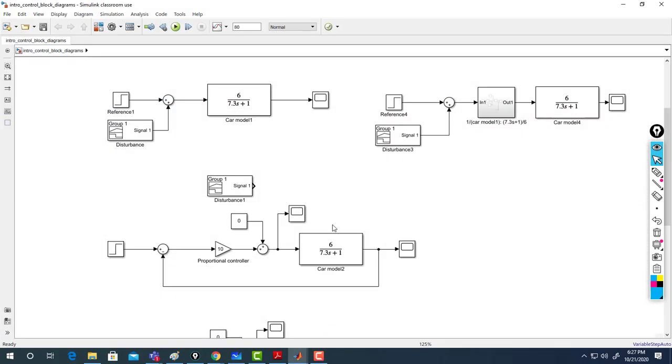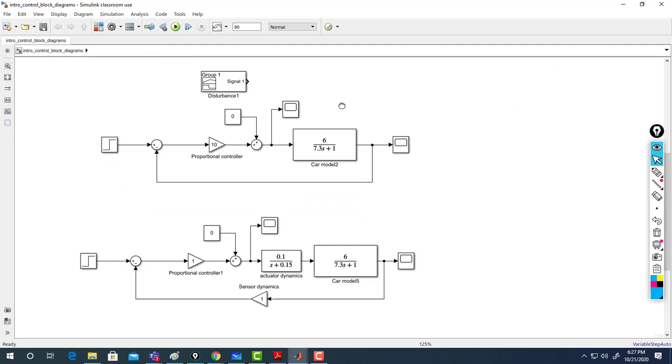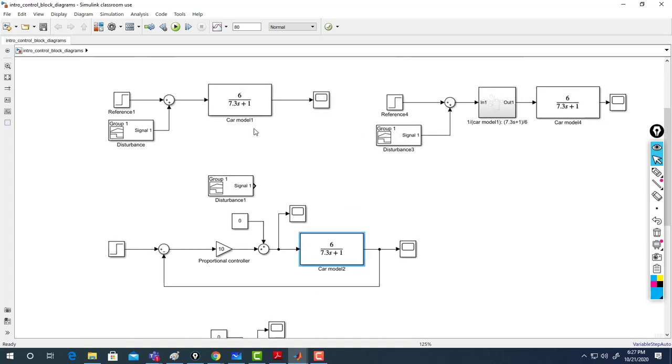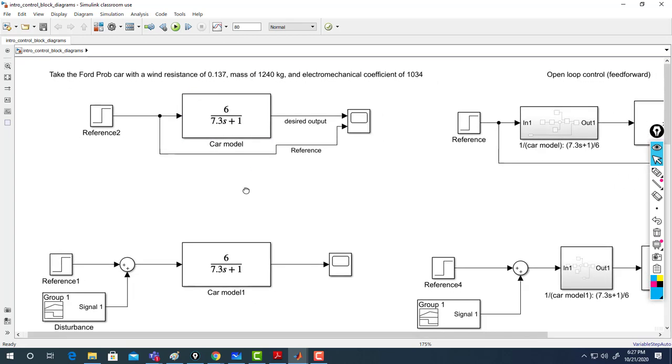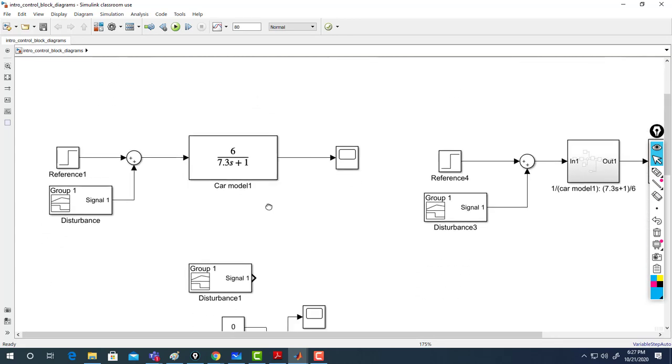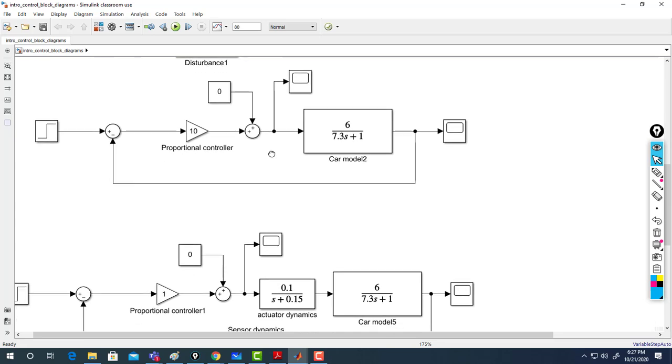Let's see them on MATLAB. Just to put things clear, here I'm taking the car model, 1 over ms plus b, but here I take the car model of your milestone. You remember it from last time. I'm taking this Ford car, so when you modeled it in your milestone mini project, you get this one. And then what I did is I just added a proportional controller on it.